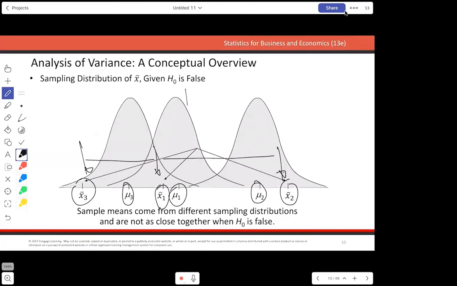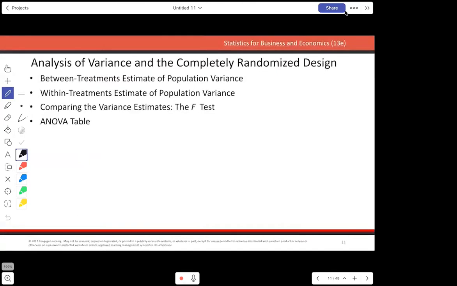So analysis of variance allows us to look at the deviation between an overall mean and the sample means to see whether or not there is sufficient variation between the different means. In other words, whether or not they're far away from each other, which would suggest that they could not have come from the same population. And to do that, we need a number of terms and formulas, all right?